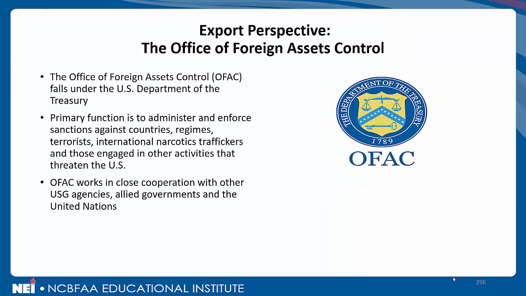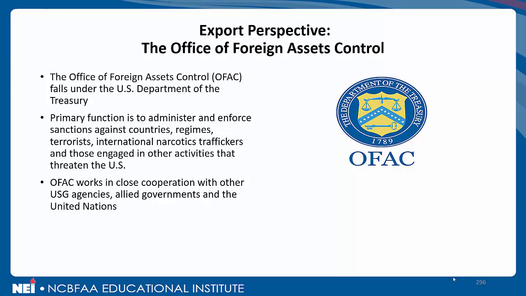Quick export perspective. We mentioned a couple of times the role of OFAC as it relates to sanctions and embargoes. Very important. So let's stop here, give them a little love, and then we'll come back to OFAC in greater detail later on. The Office of Foreign Assets Control, OFAC, falls under the U.S. Department of the Treasury, as we see in their logo.